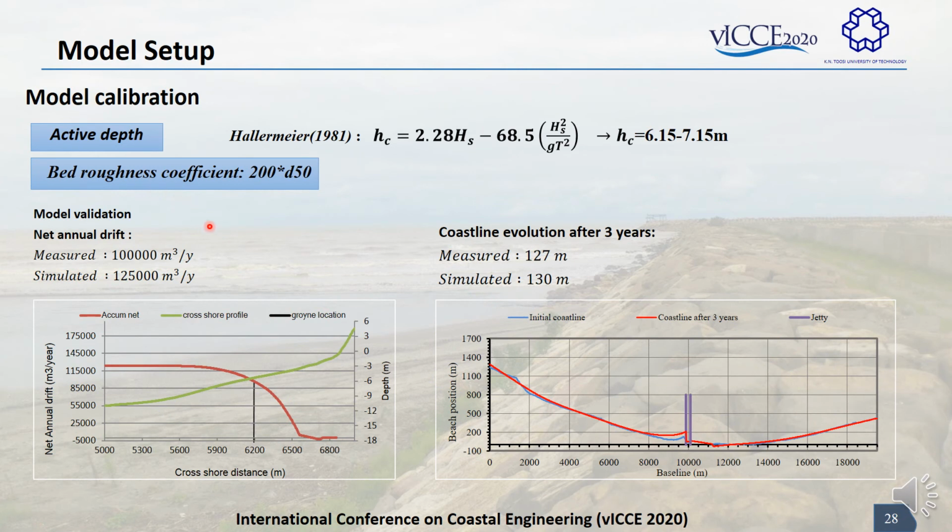Okay, at last we can run our one-dimensional model with two calibration parameters: active depth and bed roughness coefficient. We can see the comparison between measured and simulated parameters here for net annual drift and beach position after 3 years.